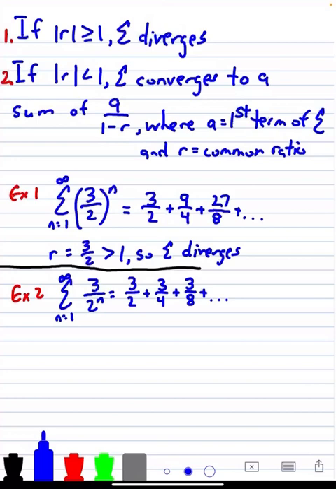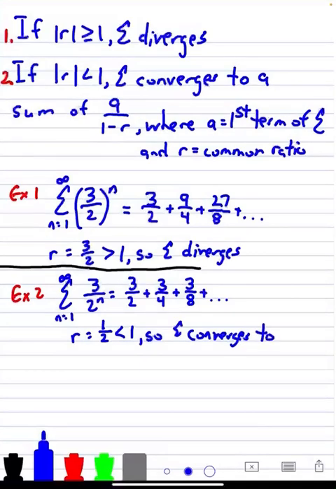So for our common ratio, in the numerator we're multiplying by 1, and in the denominator we're multiplying by 2. So in this case, the ratio is 1/2. But remember, 1/2 is less than 1.